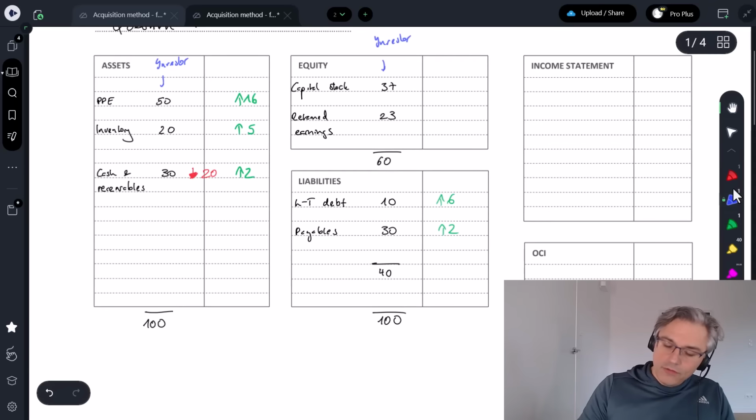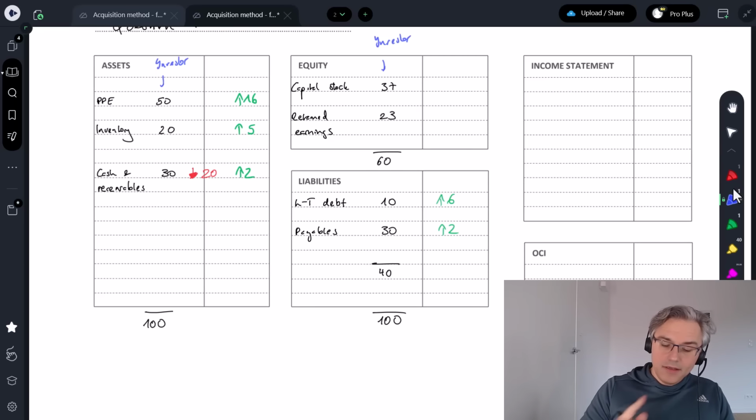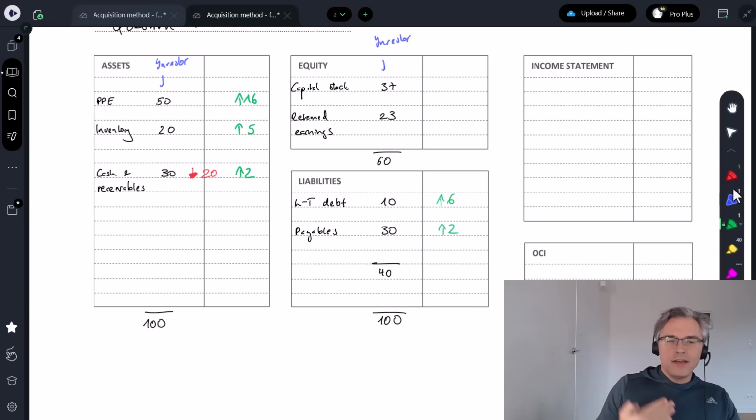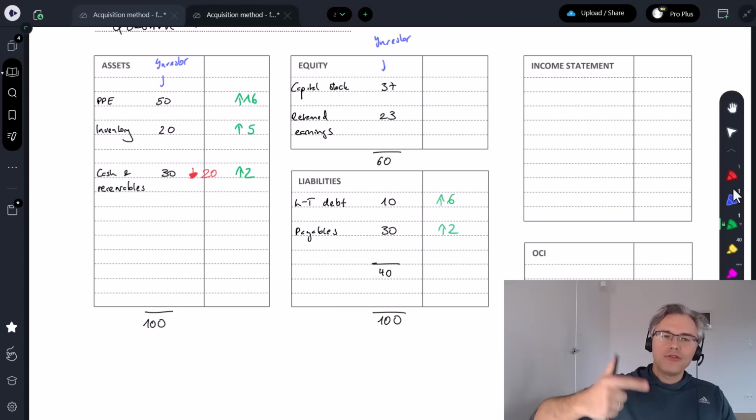Now, if you were to try and balance this balance sheet right now, please note that I'm not doing anything to equity. When you bring a subsidiary into the consolidated balance sheet to show that it is now a member of the group, you don't consolidate its existing equity that was there at the date of acquisition.